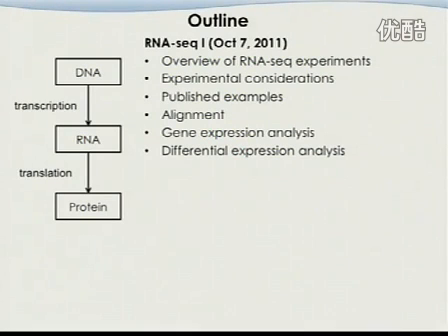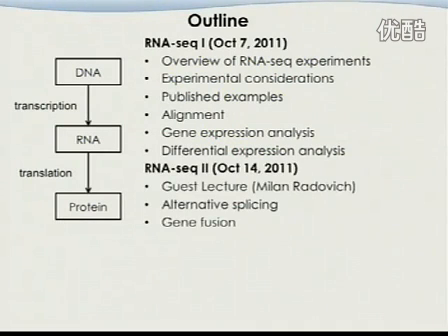From the analysis side, I want to talk a little about alignment, because RNA sequencing reads span intronic regions and exon-exon boundaries, so alignment can be tricky. There are special strategies people have developed just for RNA sequencing. Then I'm going to talk about gene expression analysis and differential gene expression analysis. This will be the topic today.